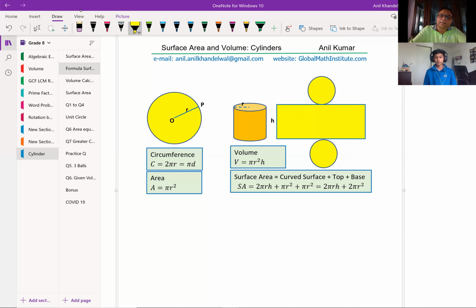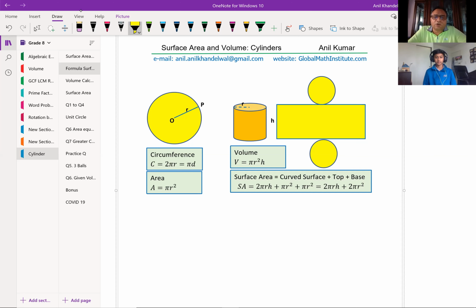The circumference is one side of that particular rectangle, height is the other side. So circumference is 2 pi r, right? Which is actually the length of the rectangle, and the other side you can say is the height of the cylinder. So you use that to find the curved surface area, correct?